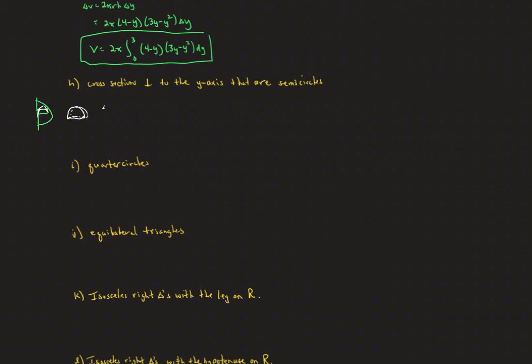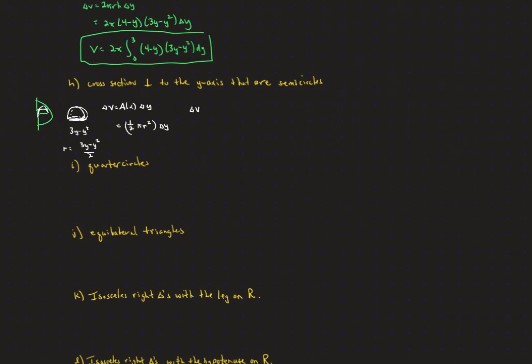And so our delta volume is going to be the area of that cross-sectional piece times delta y. So it's a semicircle, which means it's going to be 1/2 pi r squared times our delta y. This distance, the diameter, is our function, 3y minus y squared. So the radius is going to be 3y minus y squared over 2.